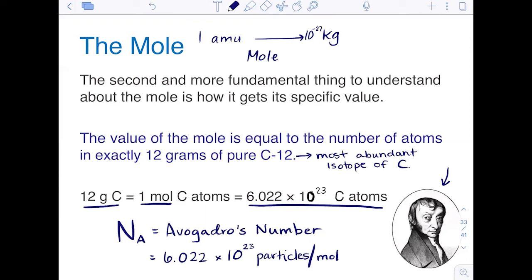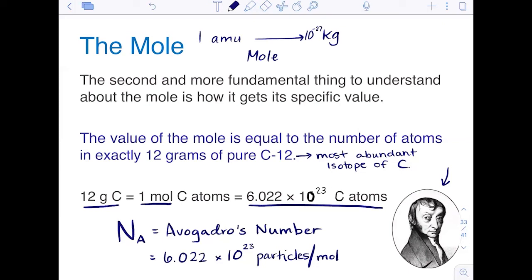Yes, it was based off of carbon because of the reasons we stated earlier. However, it doesn't mean that it only applies to carbon. It applies to anything. So you could have a mole of donuts. Yeah, I want a mole of donuts. Screw that 12. I don't want a dozen. I want a mole. I want 6.022 times 10 to the 23rd donuts. That's a mole of donuts, right?